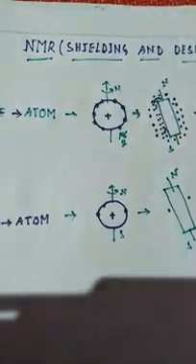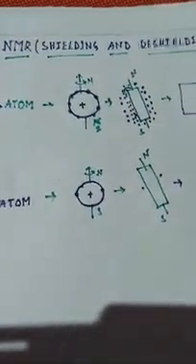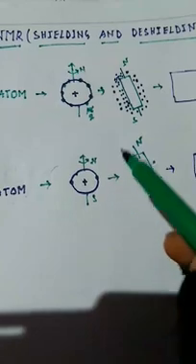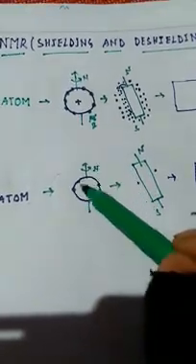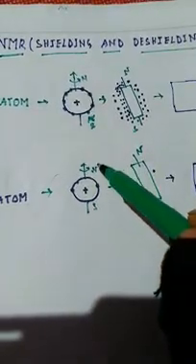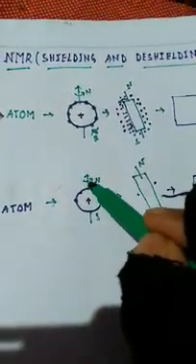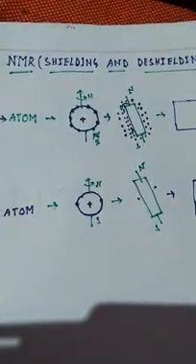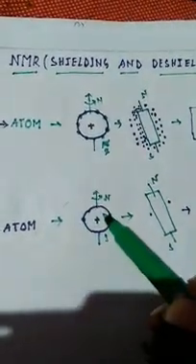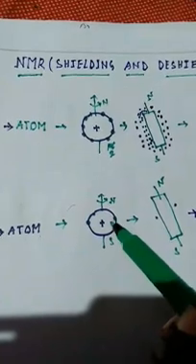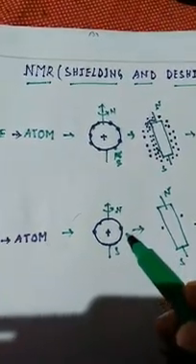So this is the direction of the magnetic field, south to north. In the second molecule, this positive charge also rotates on its own axis, thus it generates a magnet, and this magnet behaves like a magnetic field.